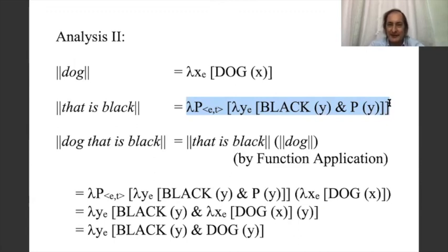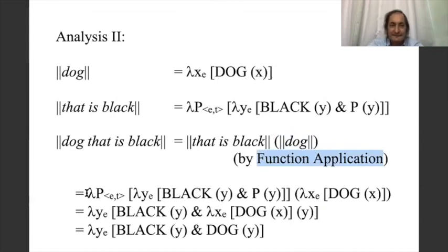Rather than just a simple predicate, this is a function that combines first with a function by function application, and then gives back this as the result, where that function is plugged in place of P. So in this case, "dog that is black" has two pieces, dog, and "that is black." That's the same as before. But this time, "that is black" translates as a function that can apply to the translation of dog. So this time, we have to combine them by function application.